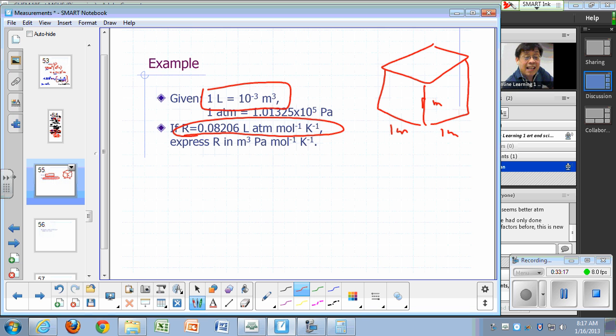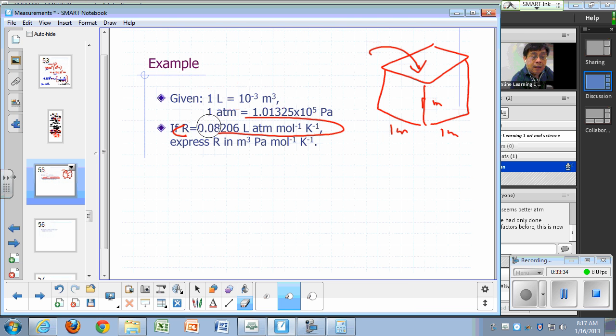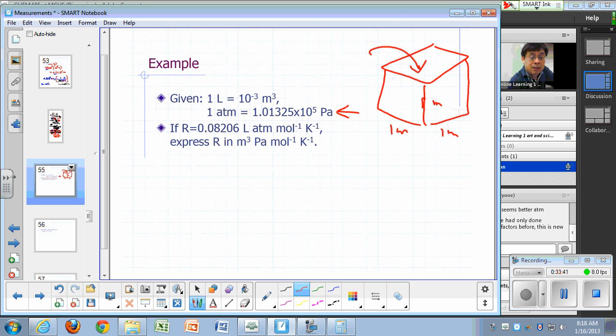You're going to have 1,000 liters in there. So if you buy 2-liter Cokes from Walmart, you're going to need 500 of those 2-liter bottles to fill a box that is 1 cubic meter. So 1 liter is 1/1000 of a cubic meter, and a unit called the atmosphere, which we use for pressure measurements, is defined to be 1.01325 times 10 to the 5th Pascal.